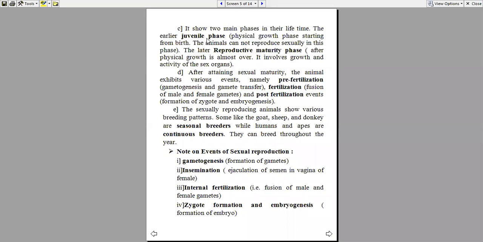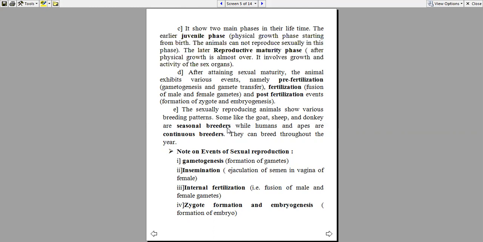What are the events which take place in sexually reproducing organisms after attaining maturity? Pre-fertilization, fertilization and post-fertilization events. Then a question arises in point number 5: what are the two breeding patterns seen in sexually reproducing organisms? First is seasonal breeders and second is continuous breeders.